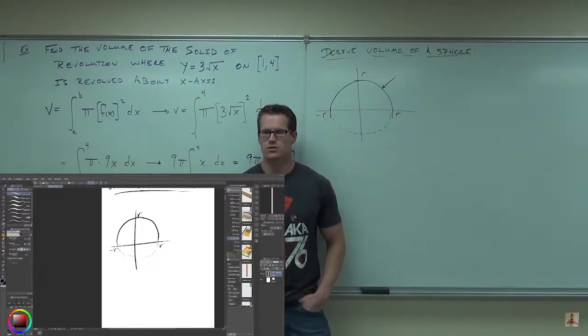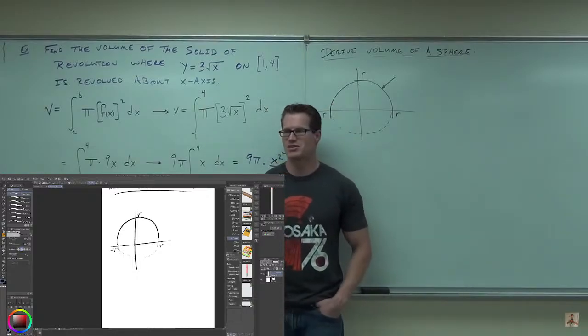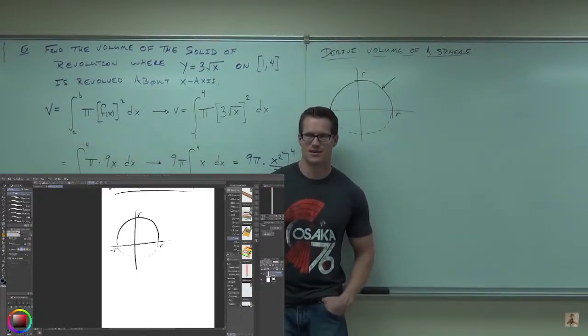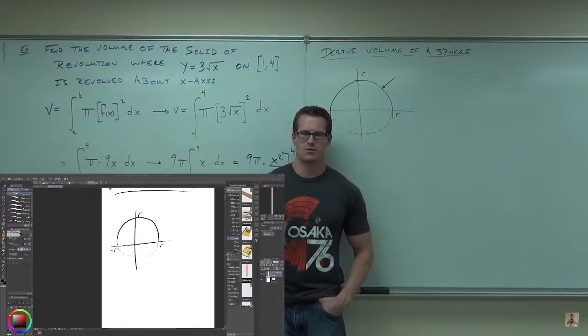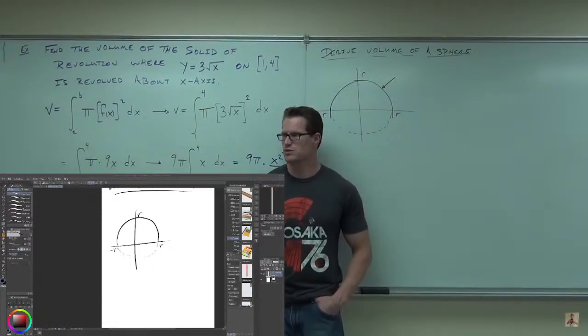The function for half a circle. Do you know the equation of a circle? What's the equation of a circle then? X squared plus y squared equals radius squared.